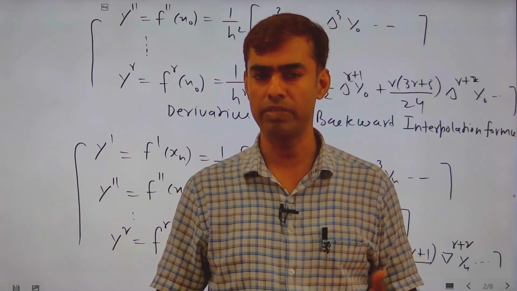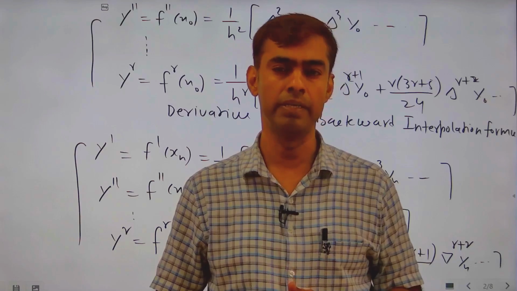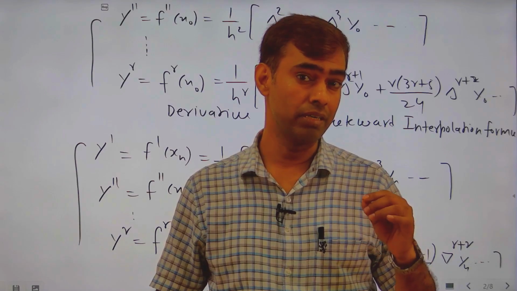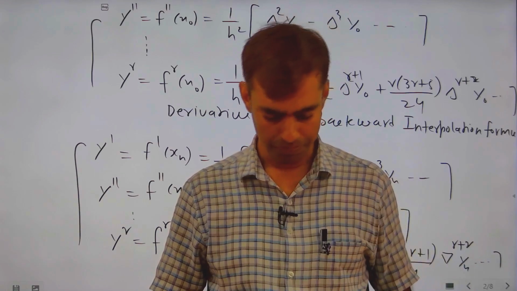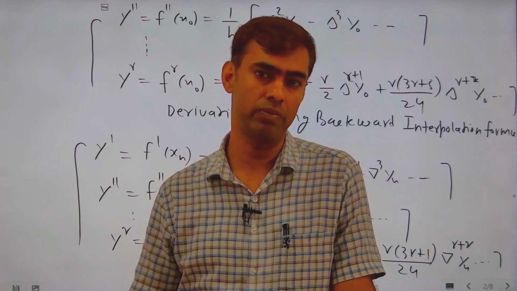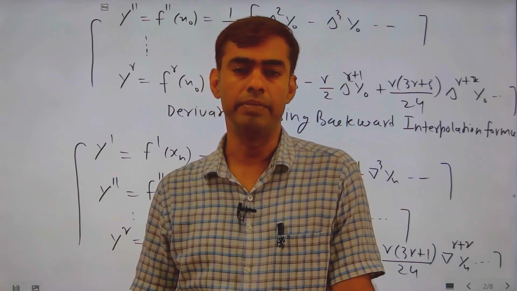With the help of the backward interpolation formulae, it means first we write a formula and put in the values of Δy0, Δ²y0, meaning different order forward differences at y0, at yn, and then we are able to get the values of derivatives.